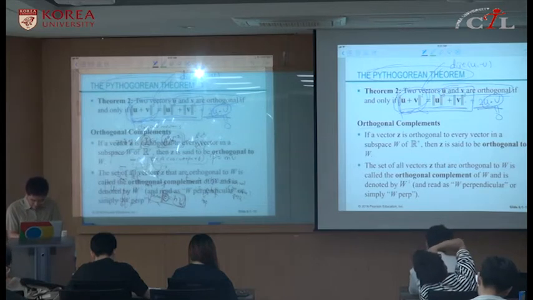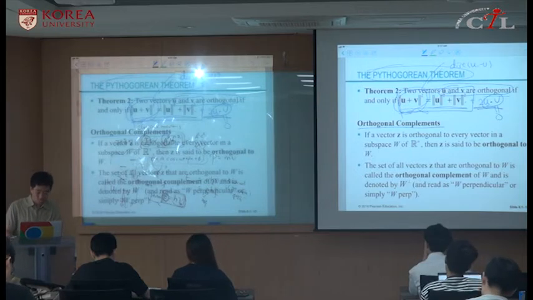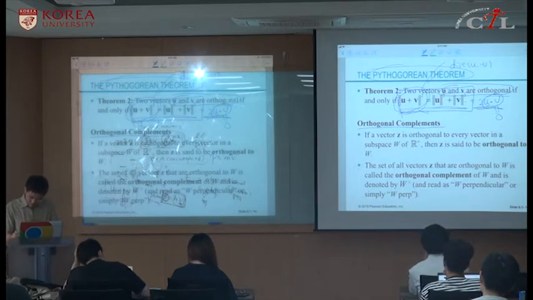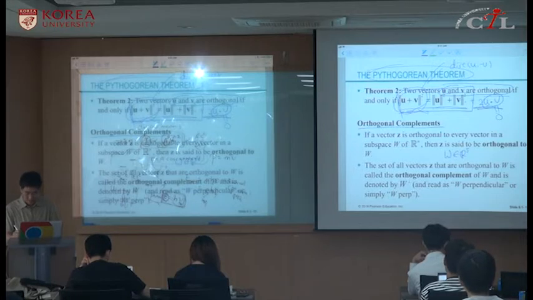Okay, and then the next thing is about this orthogonal complement. I think we studied this already, so I will just skip this part, okay? But this orthogonal complement is just considering two subspaces. So given the subspace W, maybe in R5, we consider W, not W transpose, W perpendicular, which is called the orthogonal complement.